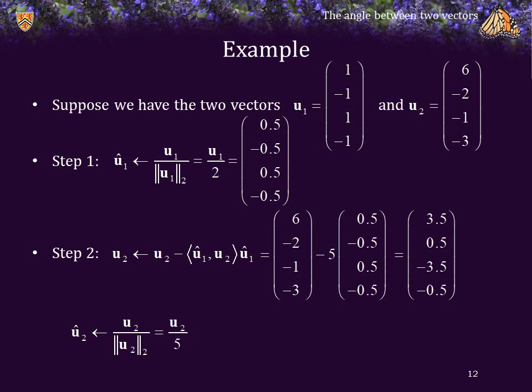If you calculate the 2 norm of that vector, you would find that it is exactly 5. Dividing each entry of the new vector u2 by 5 gives us the vector 0.7, 0.1, negative 0.7, negative 0.1. And you can see that that is going to be orthogonal to the vector u1 cap.